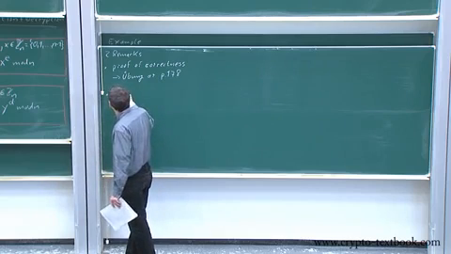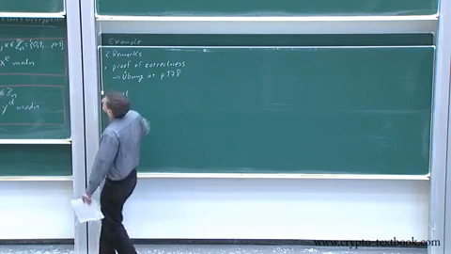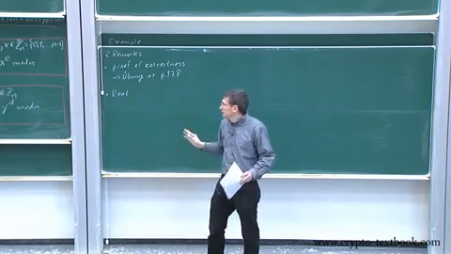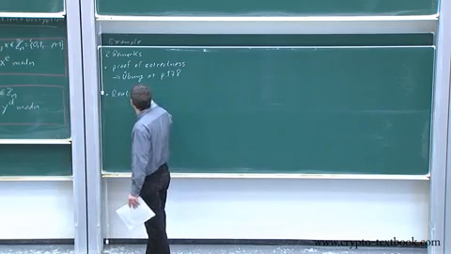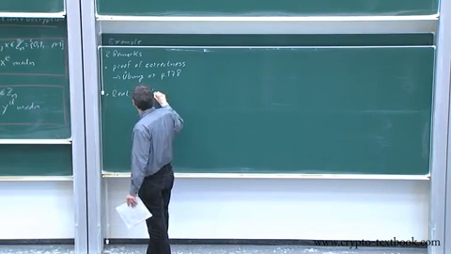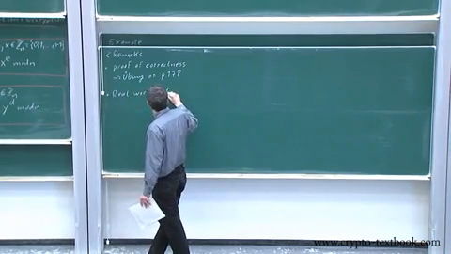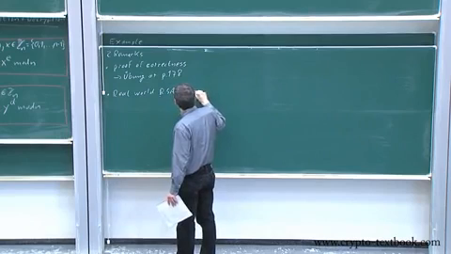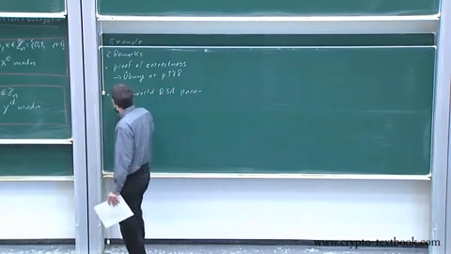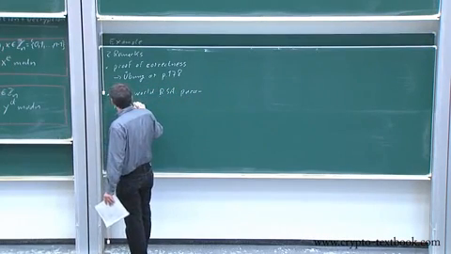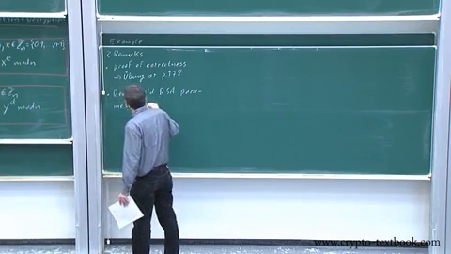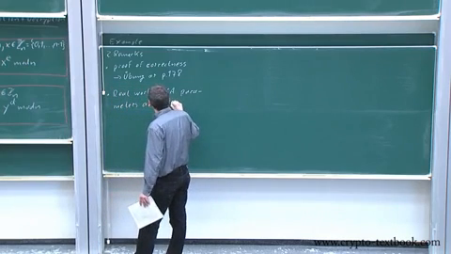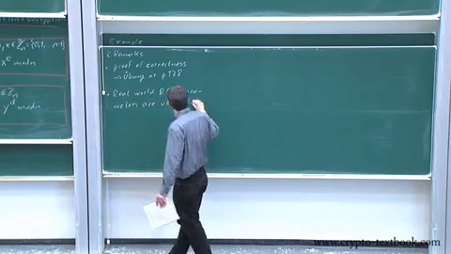Second is, we just saw an example. In the real world, and I mentioned that before, RSA parameters are very large.